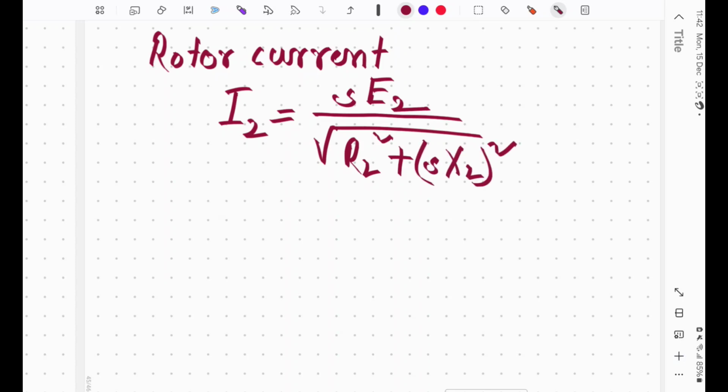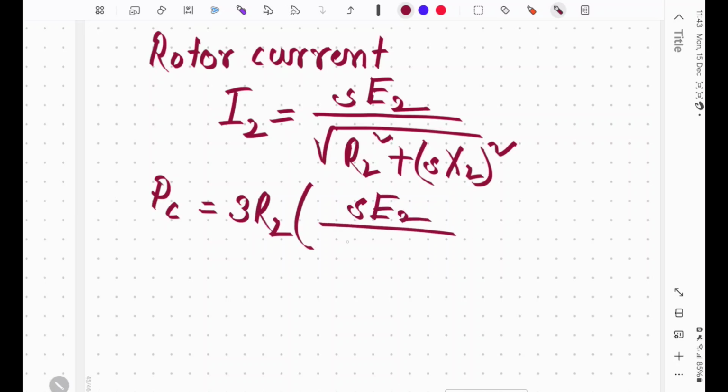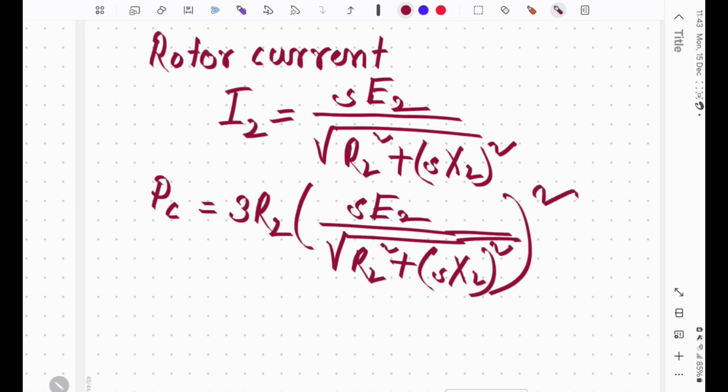So substituting this value of I2 in the rotor copper loss Pc, we can write Pc is equal to 3 R2 into sE2 by root over R2 square plus sx2 whole square, this square.